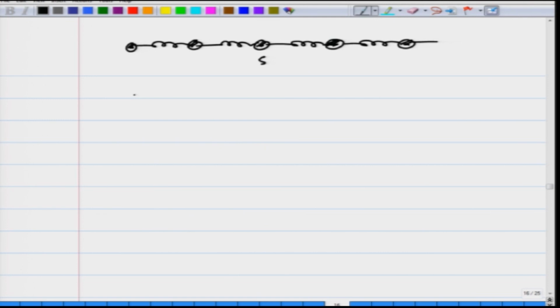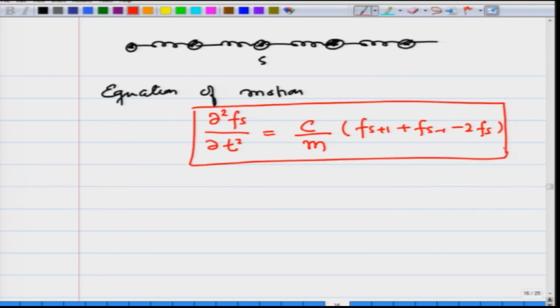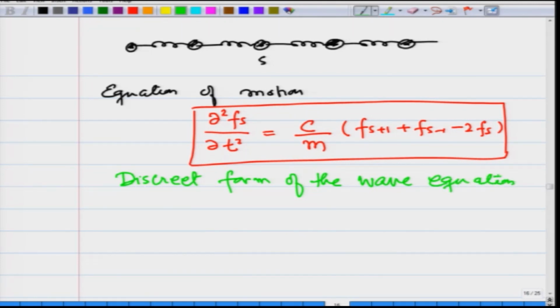So, the sth atom satisfies the equation d2 f_s by dt square is equal to c over m, I have brought the m to the other side, times f_{s+1} plus f_{s-1} minus 2 f_s. And just to make the point again, it is the discrete form of the wave equation.